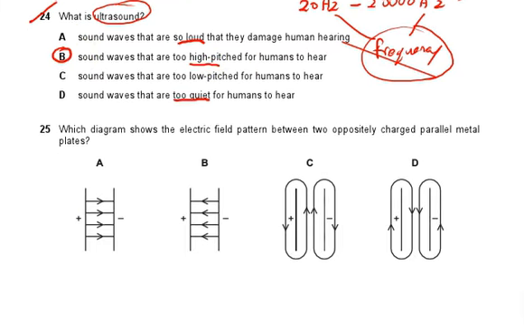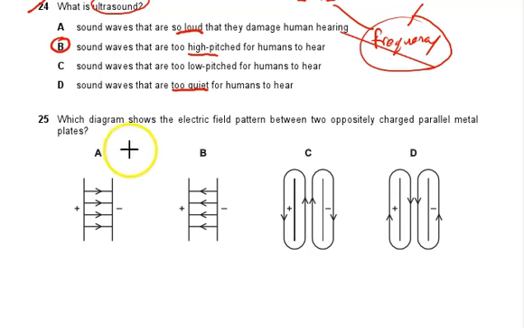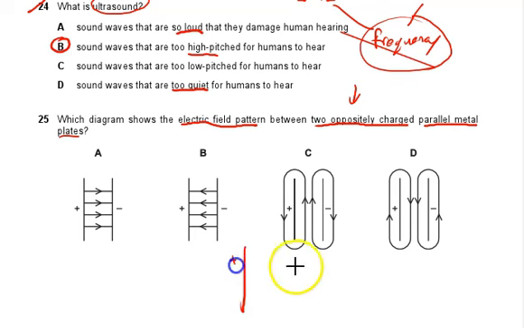Number 25. Which diagram shows the electric field pattern between two oppositely charged parallel metal plates? If you're asking for two oppositely charged plates, a positive plate and a negative plate, remember the field goes from positive toward the negative.